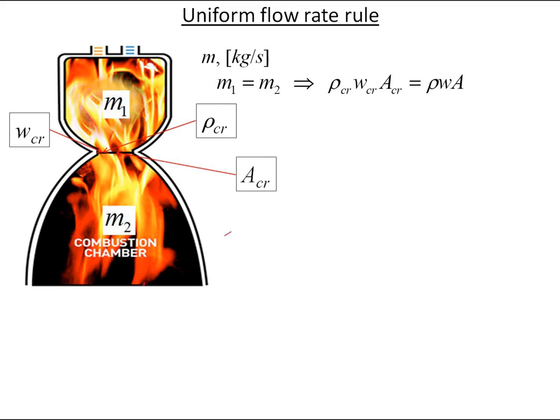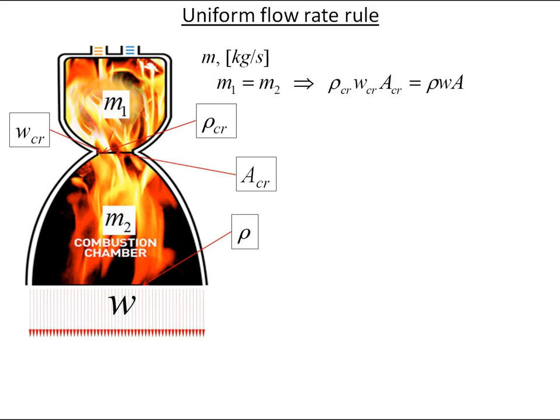Rho is the gas density value at the exit from the Laval nozzle. W is the velocity value at the exit of the Laval nozzle. Capital letter A is the cross-section area at the exit of the Laval nozzle.